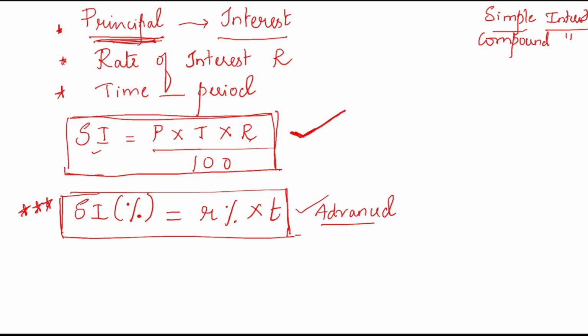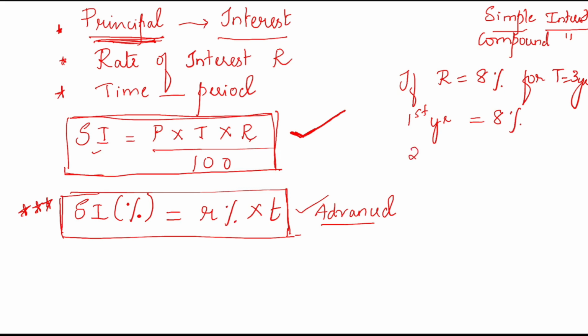Now, if I take a loan from the bank, okay, if I take loan from a bank at 8% simple interest for 3 years, for time 3 years, okay. So what will happen? First year I will have to give 8% interest on the loan what I have taken. Then second year also I have to give 8%, isn't it?